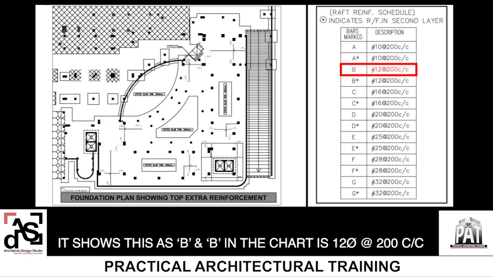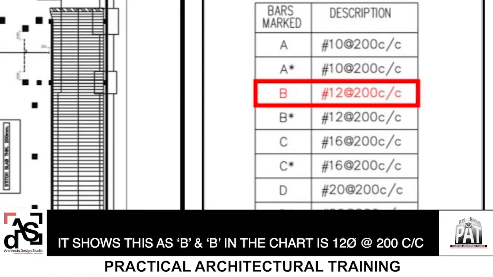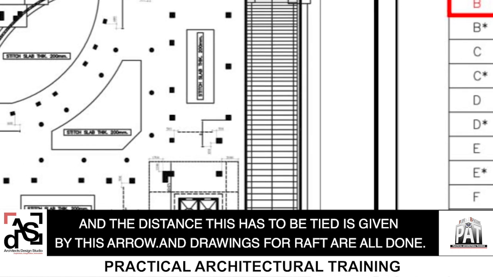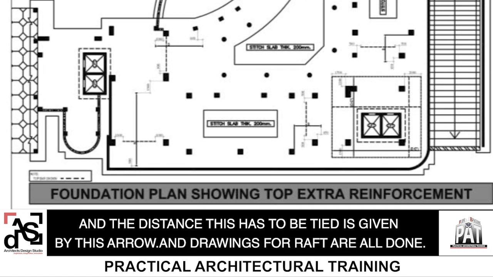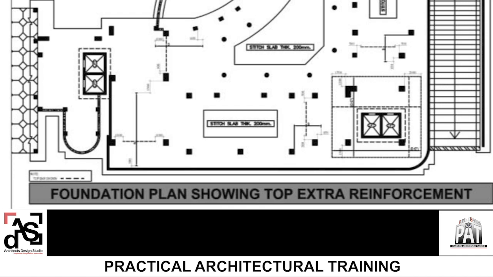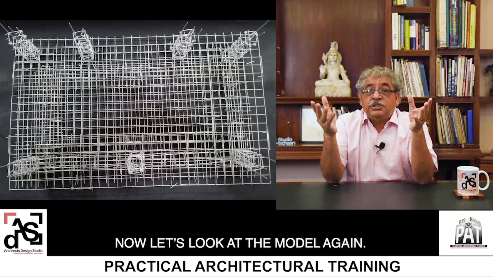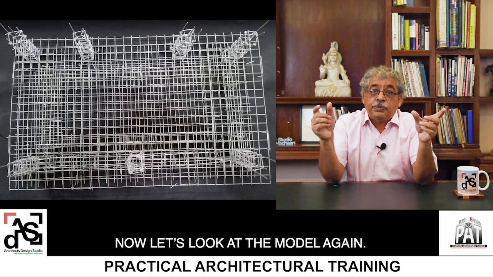It shows that as B, and B in the chart, let's have a look at the chart, is 12 torr at 200 center to center, and the distance this has to be tied is given by this arrow. Have a closer look at the arrow. So from this point to this point where the arrow is shown, till there we have the extra top reinforcement. Now let's look at the model again.